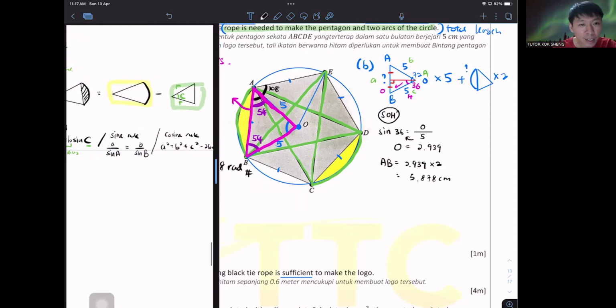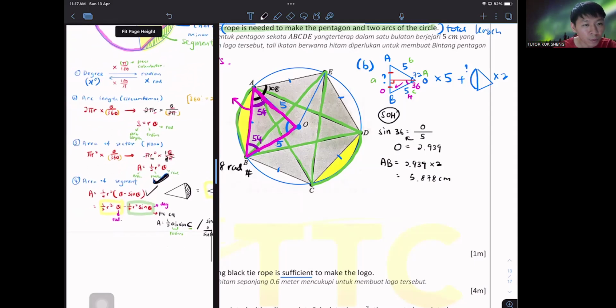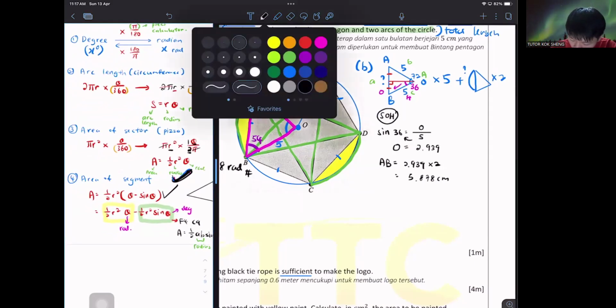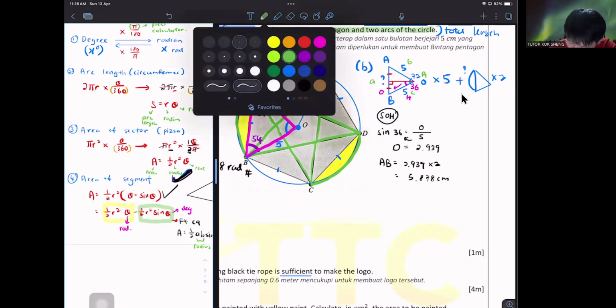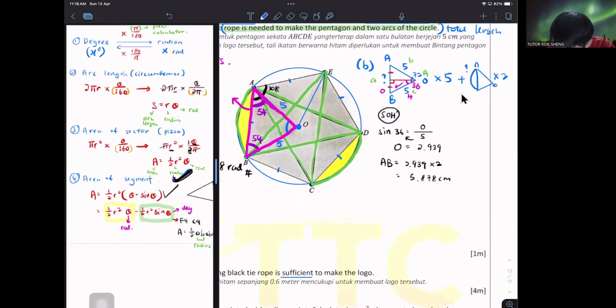With the other side. The other side will follow this formula. So the other side, this curve here, which is the arc length, we go for the arc length formula. This is O again, this is A, this is B. So this is arc length, radius, theta.